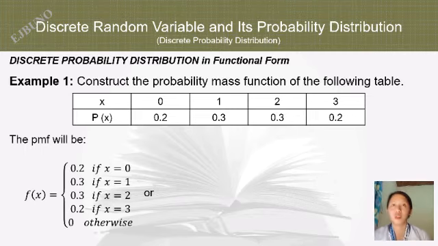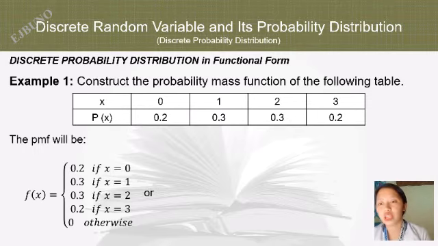Otherwise means if the value of X is not one of these values, then the chances or the probability is equals to 0. So that is the meaning of the otherwise.